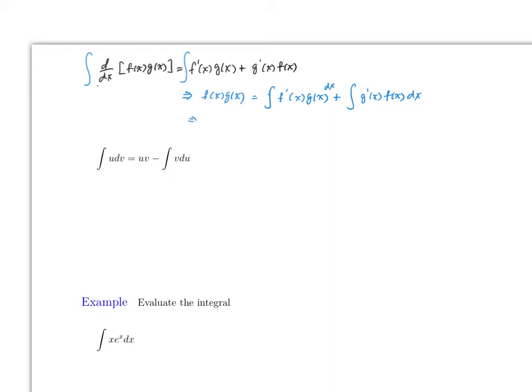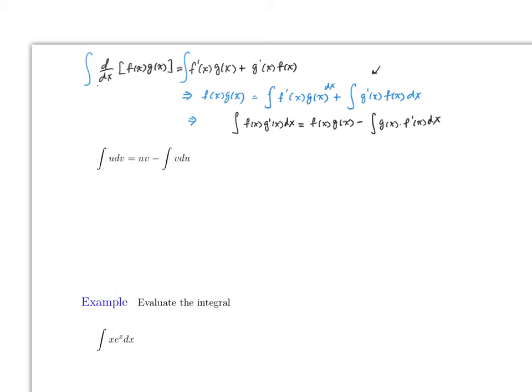Now if we rearrange this and write this one first, we end up with the integral of f of x g prime of x dx equals f of x g of x minus the integral of g of x times f prime of x dx.